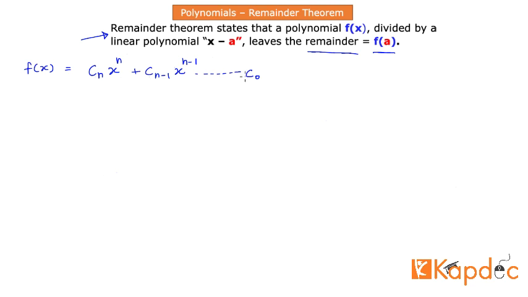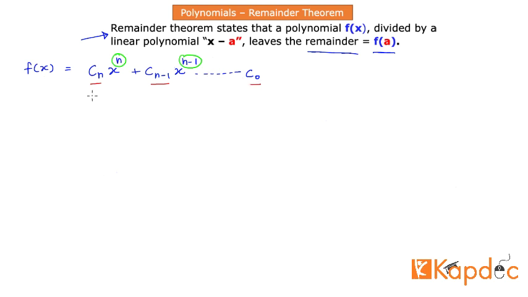Keep in mind that these terms containing Cn or Cn minus 1 or C0, all of these are constants. You can also call them coefficients, right? And these exponents all are non-negative integers. All of these exponents, n minus 1, n minus 2, or n, or whatever it is, right? So this is a true polynomial in its very general form.